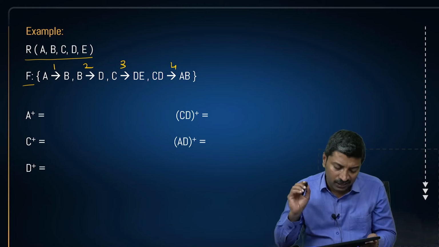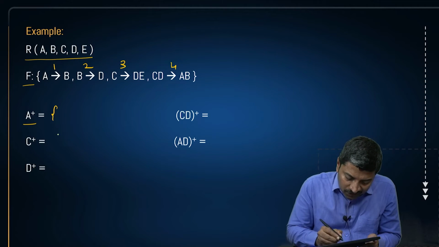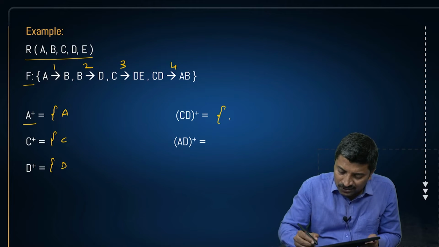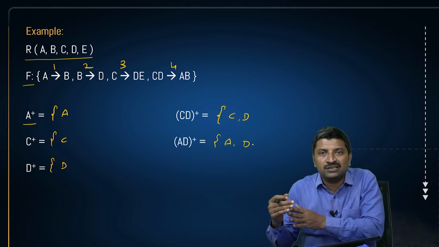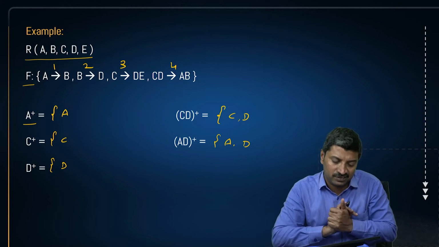Now let us find the closure of A. Without any second thought, what can we write? We can write A in A plus, C in C plus, D in D plus. What about CD plus? I can write CD. What about AD plus? We can write AD. Now let us see what are the remaining attributes which can be derived by the use of functional dependencies.